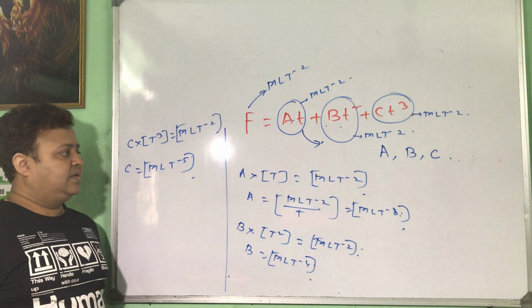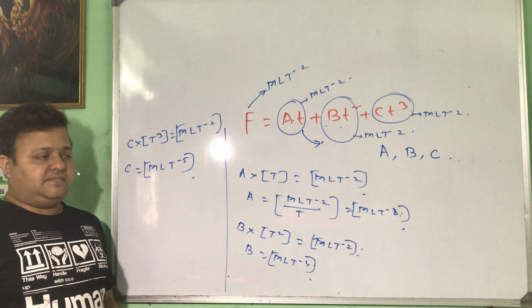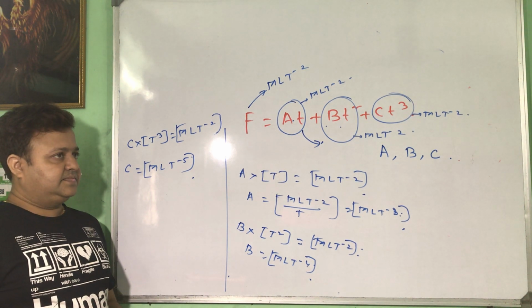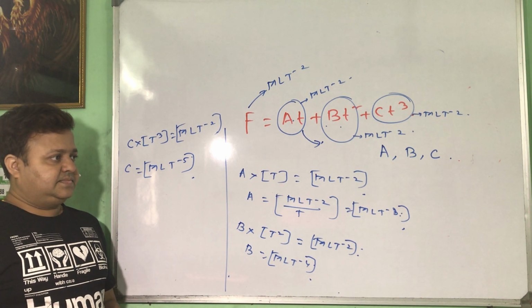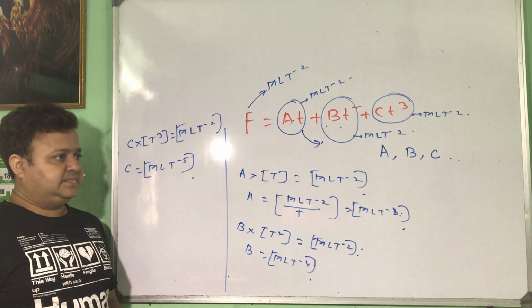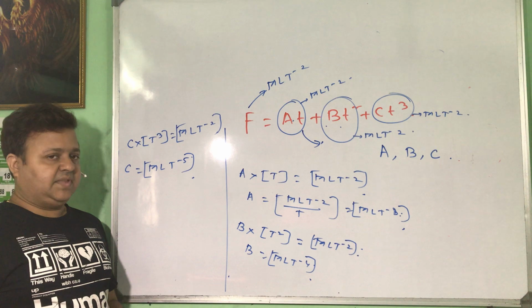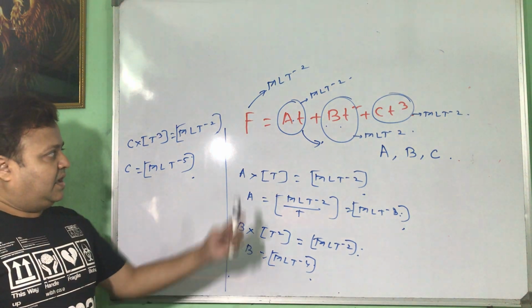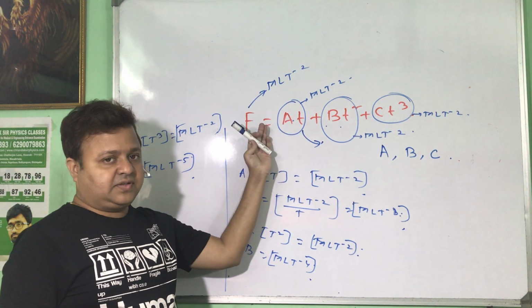Copy করে নেন। আরেকবার রিপিট করছি। F equal to AT plus BT square plus CT cube, where F is the force and T is the time.